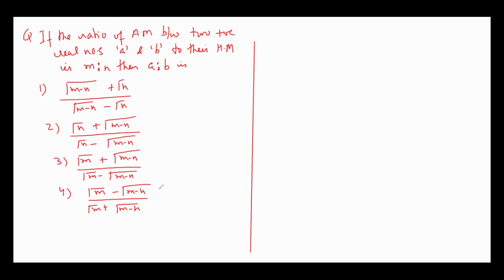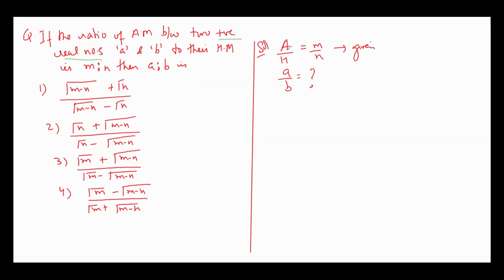Now, what is given in the question? Read this question carefully. If the ratio of AM between two positive real numbers, mark this, what they have written, positive real numbers, A and B, to their HM is M is to N, and what you have to find out is A is to B. That means they have given us A upon H is M upon N. This is given to us, and what we have to find out is A upon B from the options.